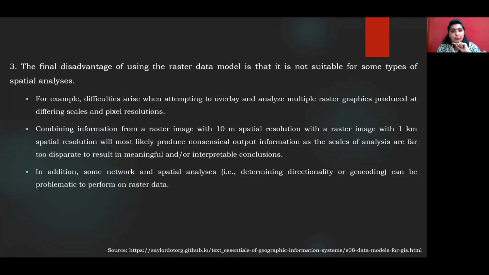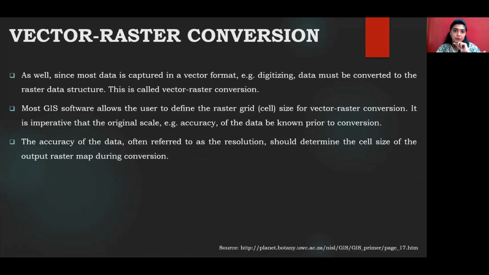Some kind of network and spatial analysis, like if I want to determine the direction or have to do some kind of geocoding, that is a bit problematic when it comes to raster data storage. With the increase in technology and better GIS software that has come in, there can be raster-vector conversions that can be done.